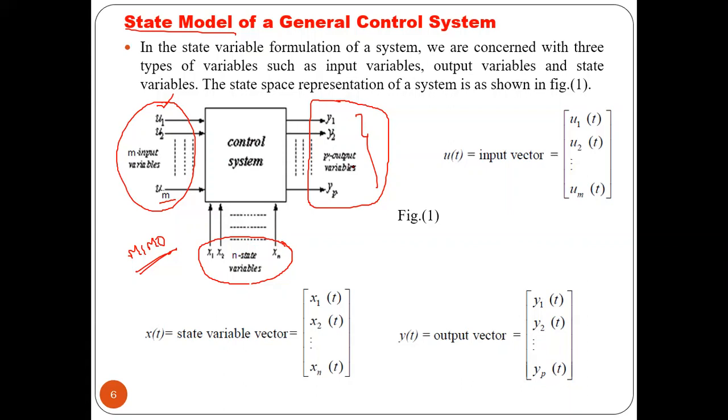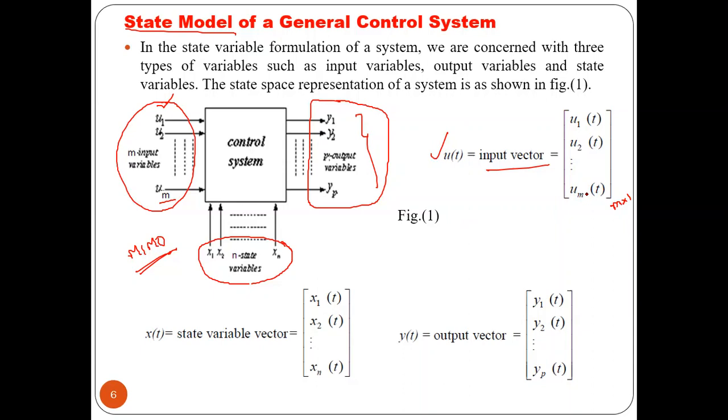So to get this relation, let us write all the variables in matrix format. First, the input vector u of t is written as a column matrix u1 of t, u2 of t, and so on up to um of t. This is the input vector of dimension m by 1, because m rows are there and a single column.